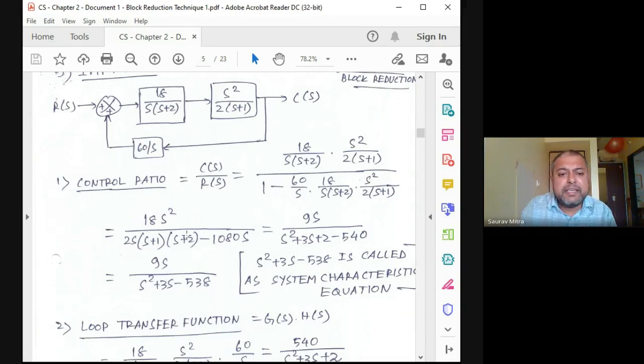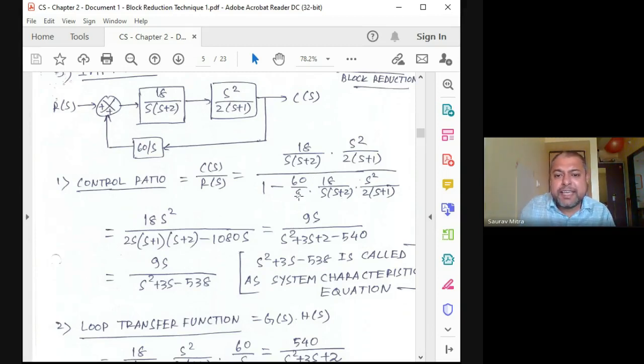So what you find here is 18 into 60 s square, and this s gets cancelled. That's why it is written as 1080 into s. Hence the numerator's denominator and the denominator's denominator have both been made equal, that is 2s into s plus 1 into s plus 2. It is a very small calculation you have to do, applying your mind.